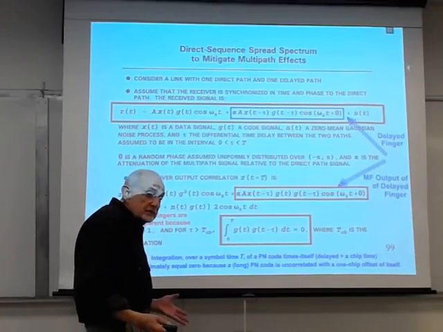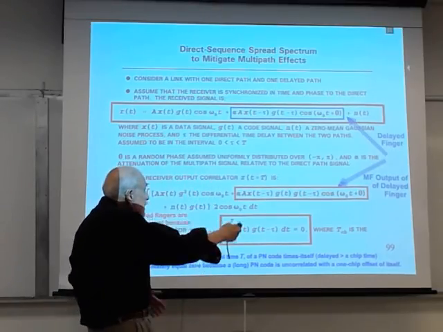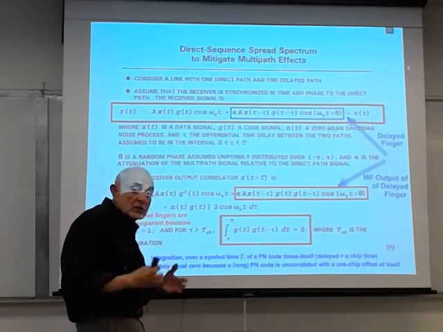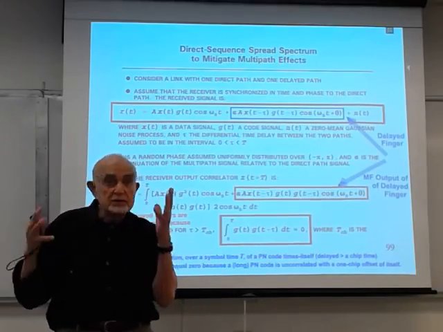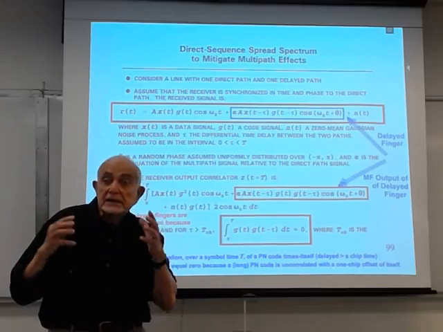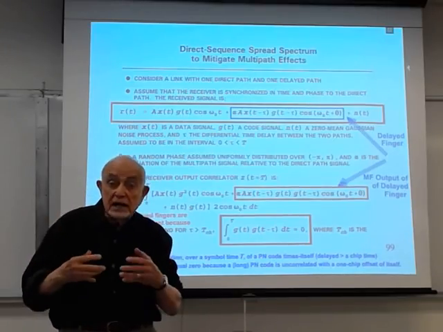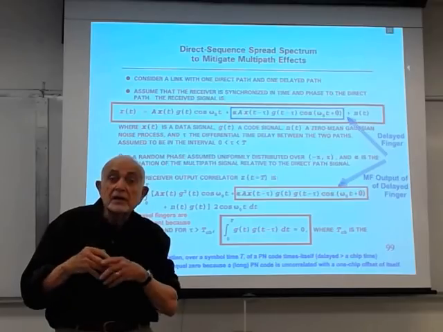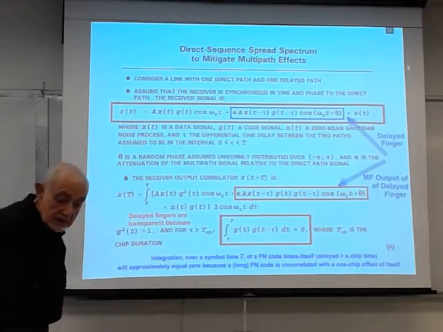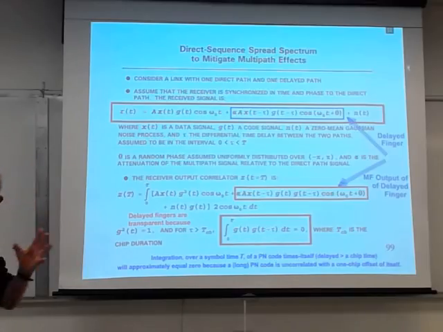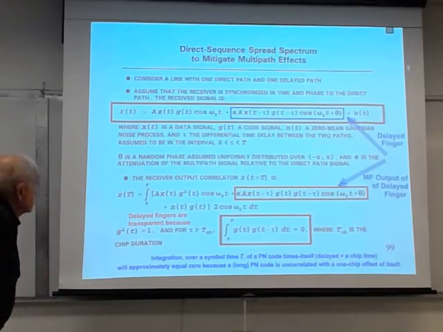What does the receiver do? It takes this whole mess and multiplies. What does a spread spectrum receiver do? The first step is it multiplies by the PN code, perfectly synchronized, that all the participants know about.